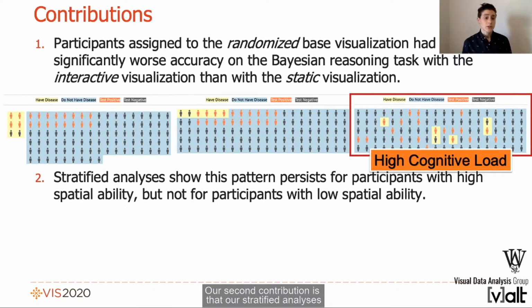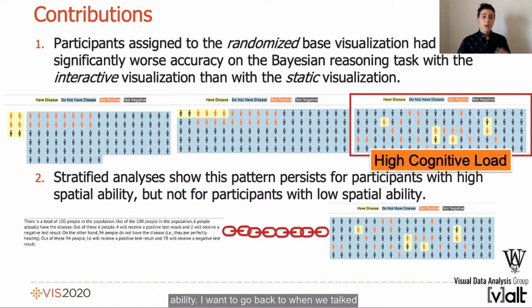Our second contribution is that our stratified analyses show the pattern I just described persists for people with high spatial ability, but not for people with low spatial ability. I want to go back to when we talked about adding interaction to the visualization, and I said our goal with the checkbox was to draw a stronger connection between the textual and visual representations of this problem.